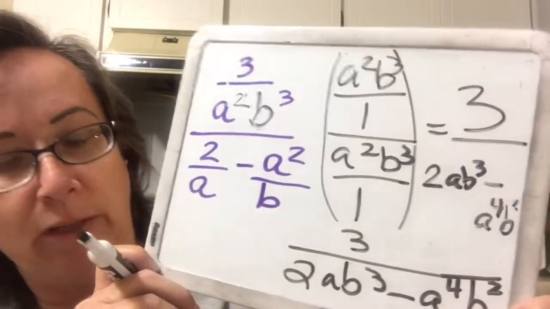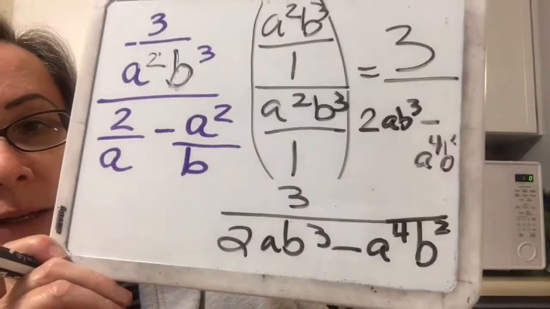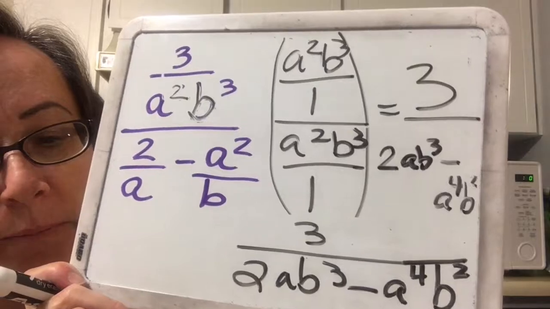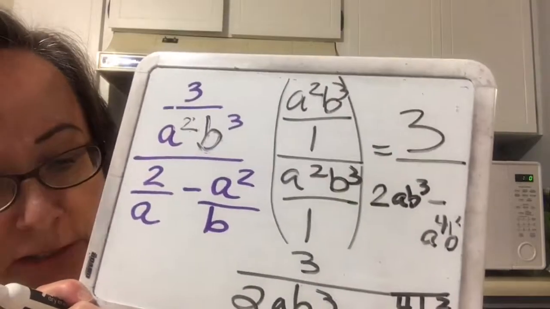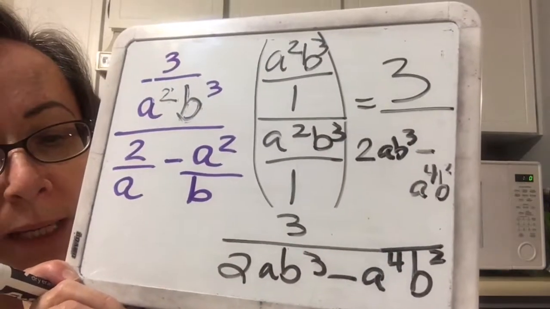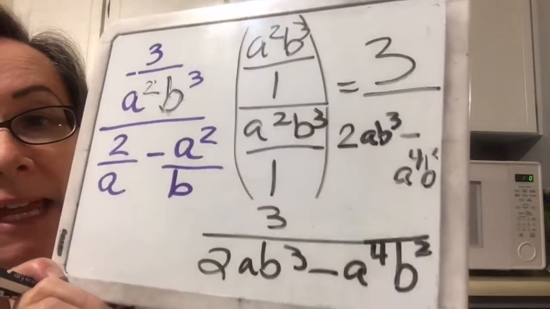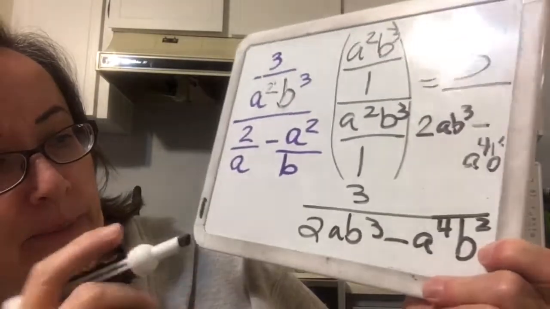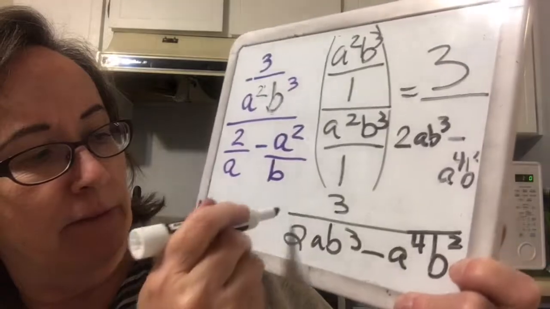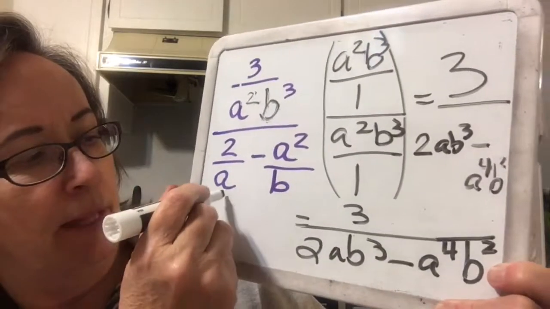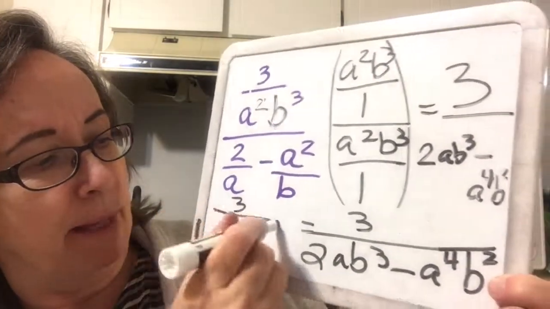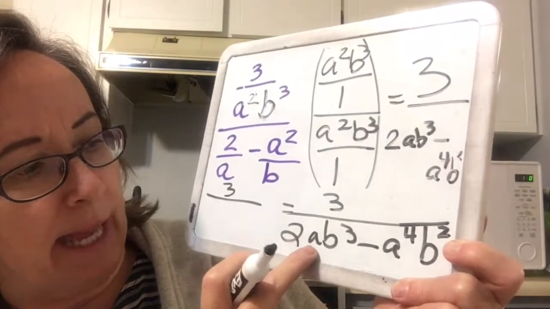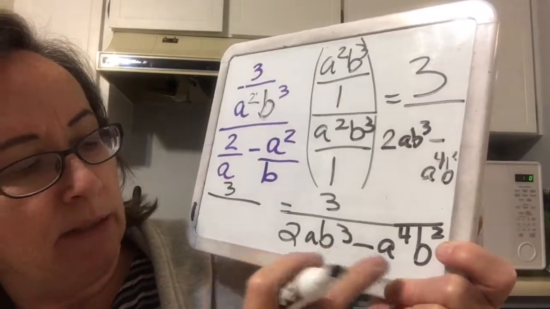Okay, now we could factor that denominator and that would be fine, but it's not going to change the fact that we cannot cancel anything. But let's just make it a little bit nicer by factoring it. So I'm going to factor it over here. 3 on the top, and then I can pull out an a and a b squared.